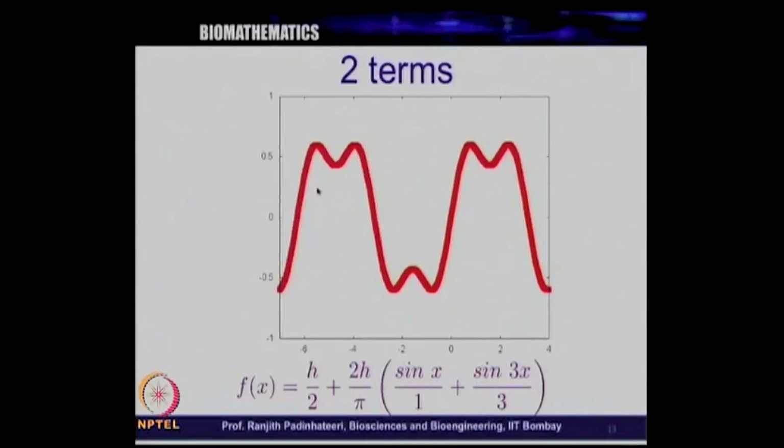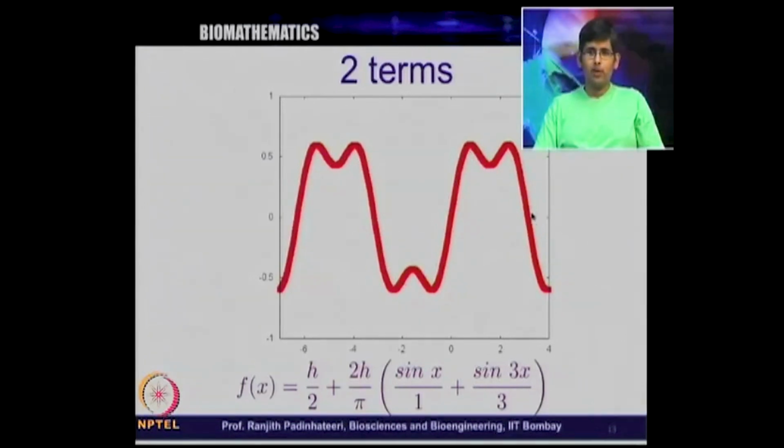It has changed its shape quite a bit, but it surely is not yet a square wave, though some shift has happened. So, we added two terms: this term plus this term, and of course this term is a constant we are not considering. So, there are two sine terms essentially.